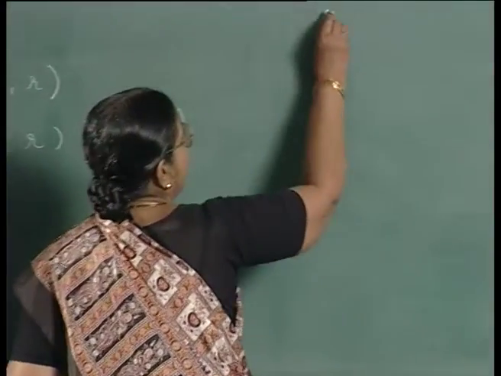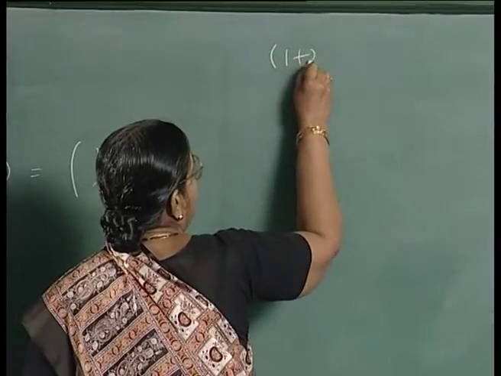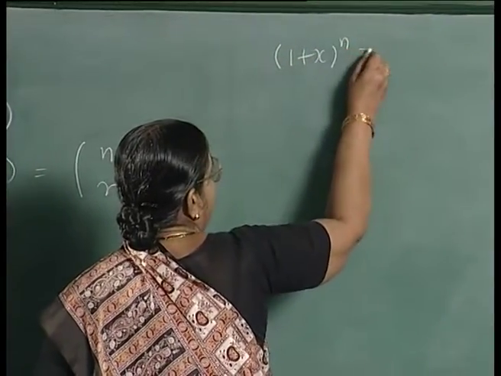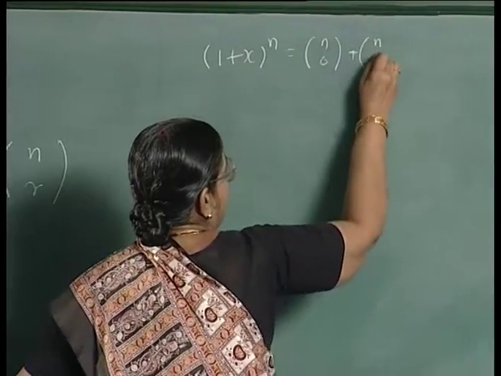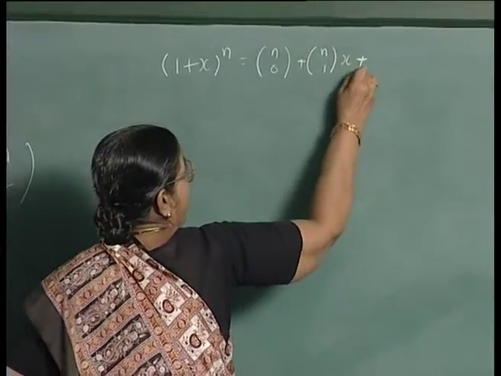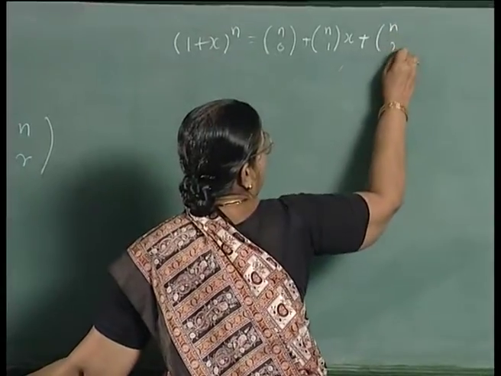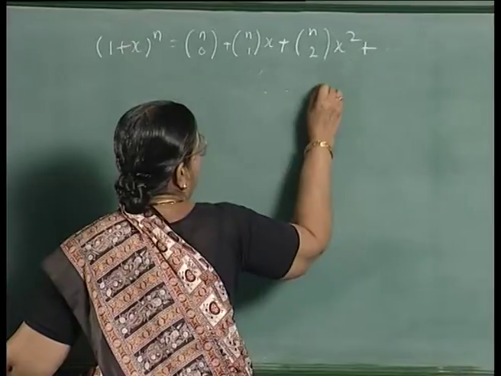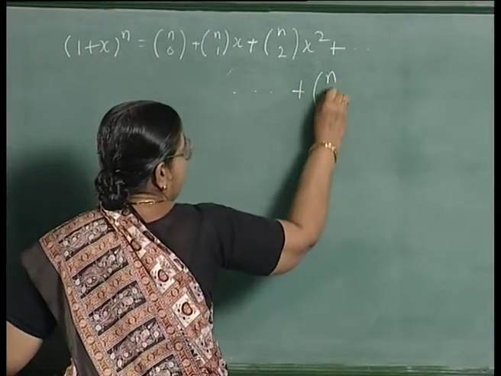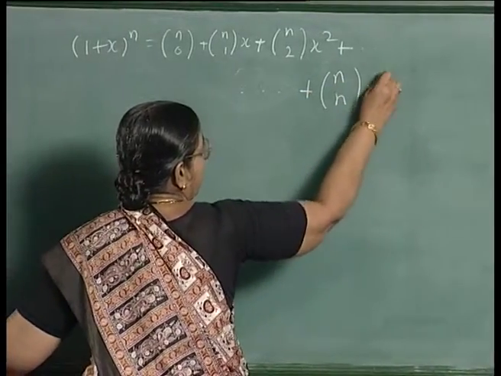Look at the ordinary enumerator (1 plus x) power n, that is nC0 plus nC1 x plus nC2 x squared plus ... plus nCn x power n.